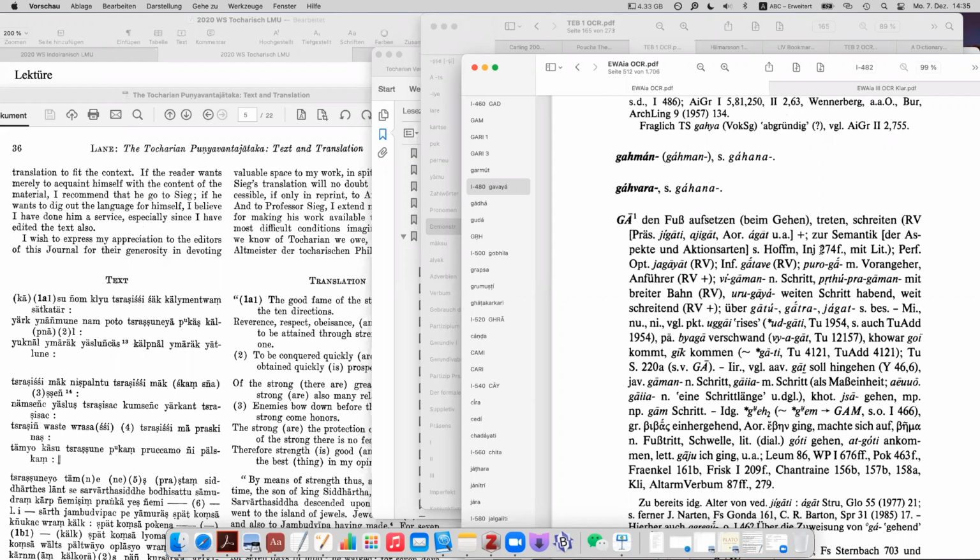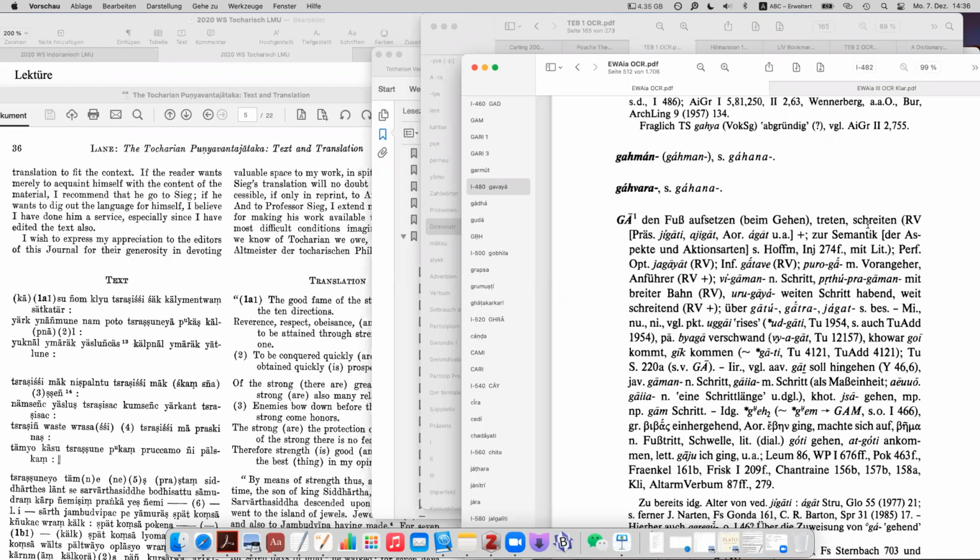So ga is actually punctual in its Aktionsart. It's a punctual verb. It means den Fuß aufsetzen, or schreiten.